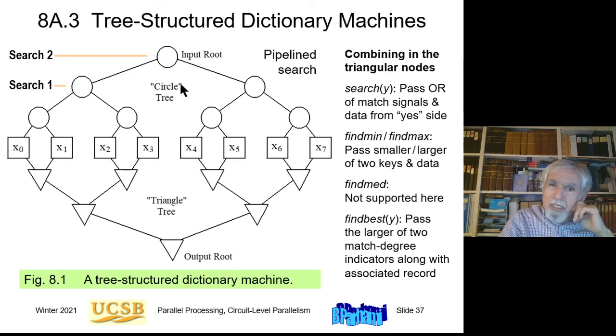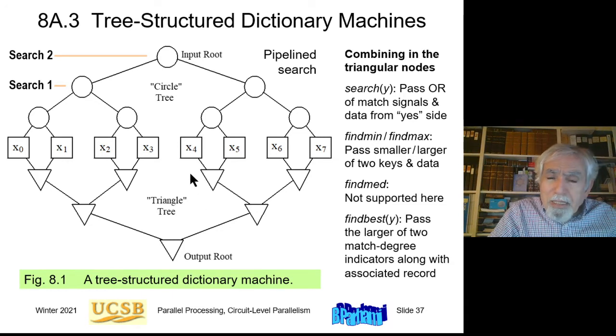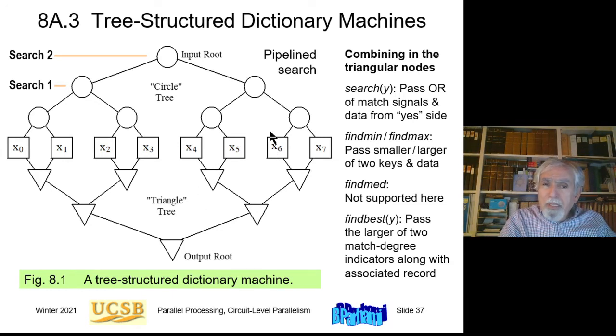So I have fewer cells, fewer circles, fewer triangles. But now the clock cycle will be longer because the rate at which instructions will be processed will be dictated by how fast each of these can search within its own sublist. That's a bit more practical because we have less hardware, but also slower in terms of speed.